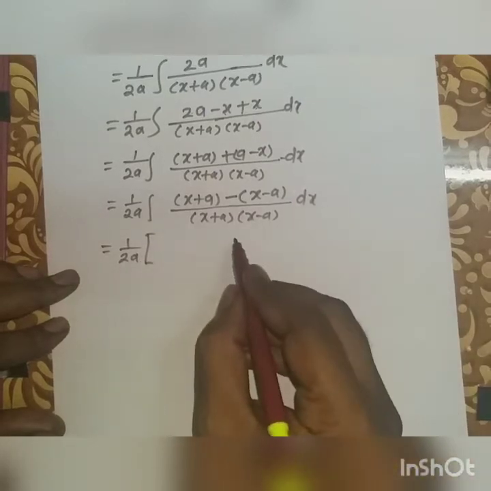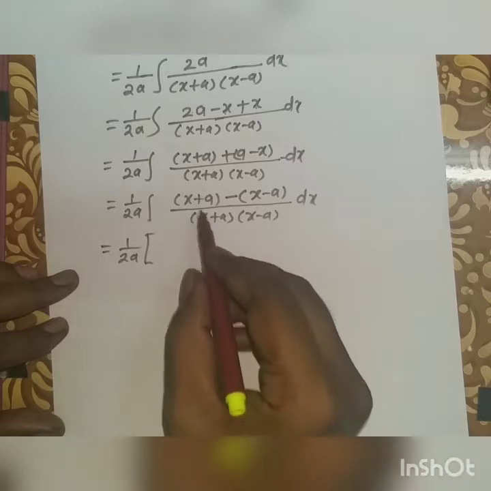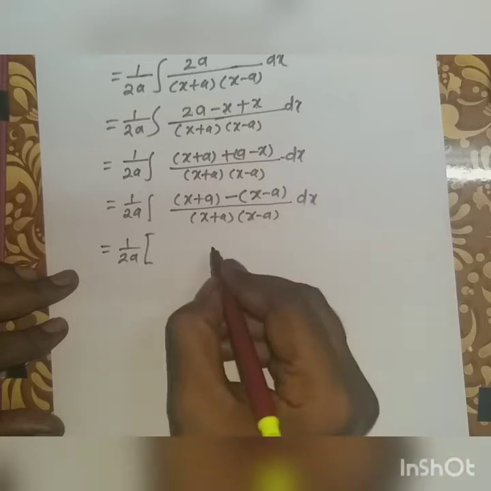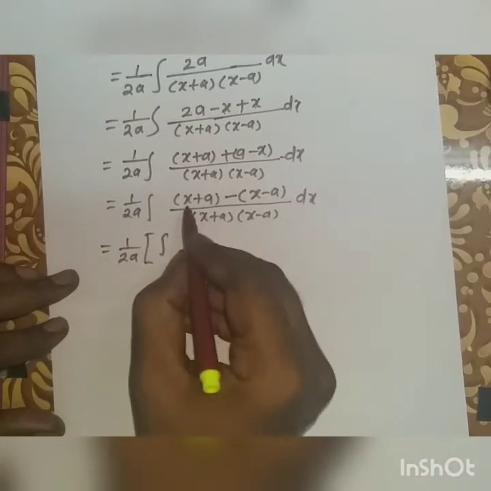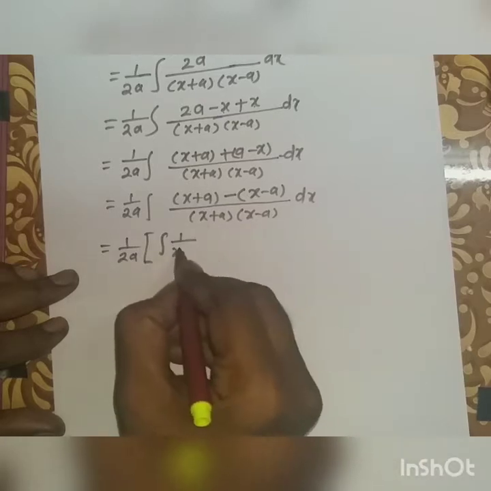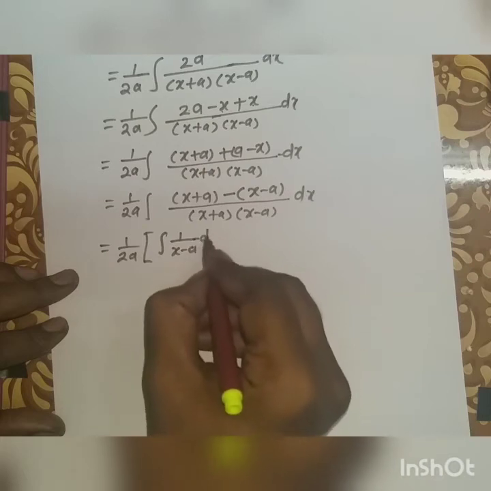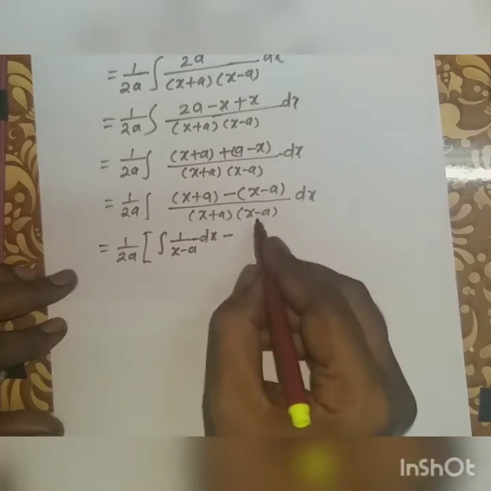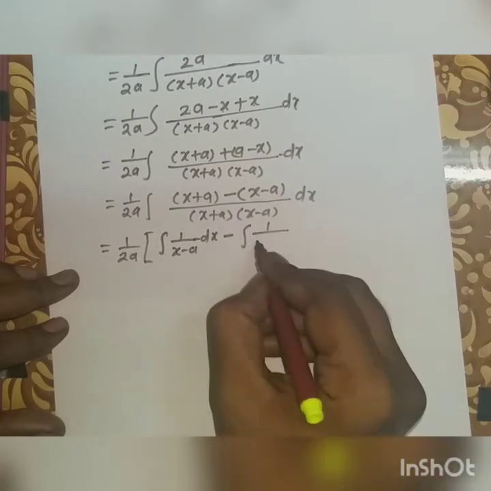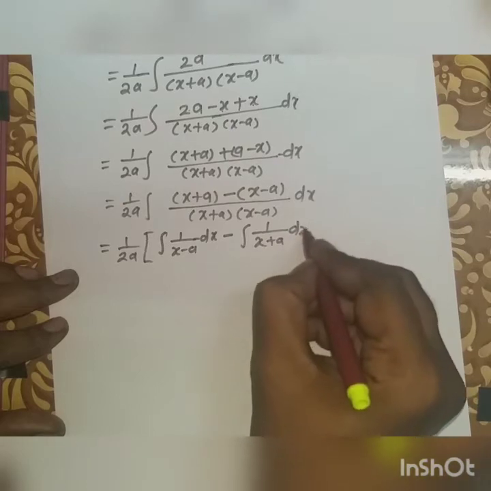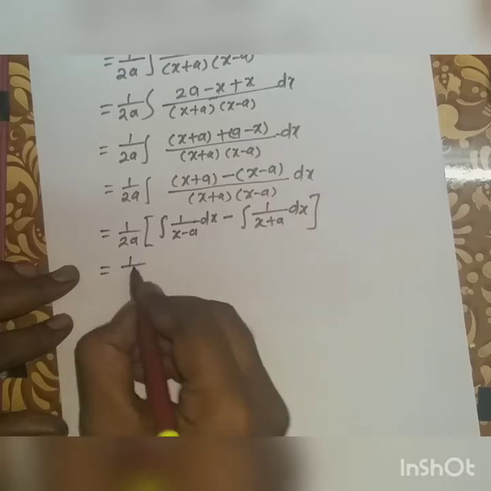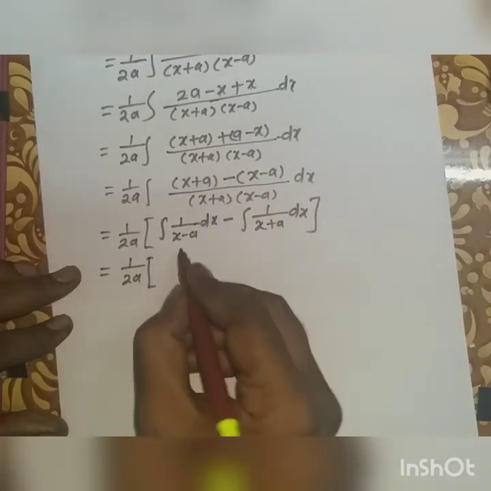We take direct steps, dividing numerator by denominator and write separate integrations: integration of (x plus a) divided by (x minus a) cancels to 1 divided by x minus a, dx, minus (x minus a) cancels, integration of 1 divided by x plus a, dx, square bracket complete, is equal to 1 divided by twice a times the integration.